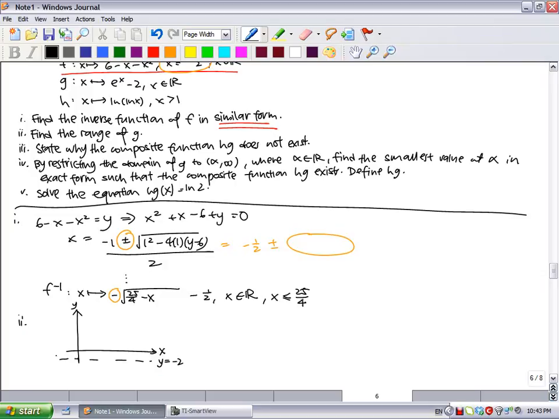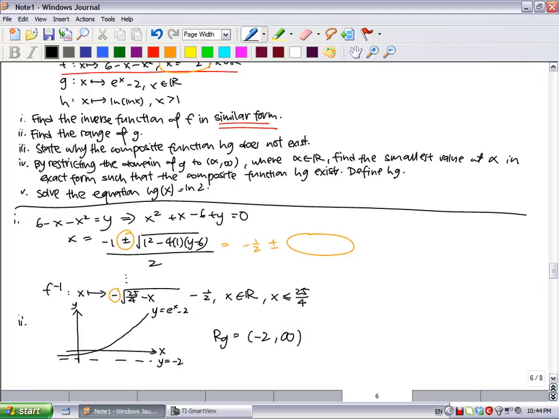Okay, that wasn't a very good drawing. It looks something like this. It seems fairly clear from this graph that the range of g is negative 2, not inclusive, because there's an asymptote, all the way up to infinity. That's all.